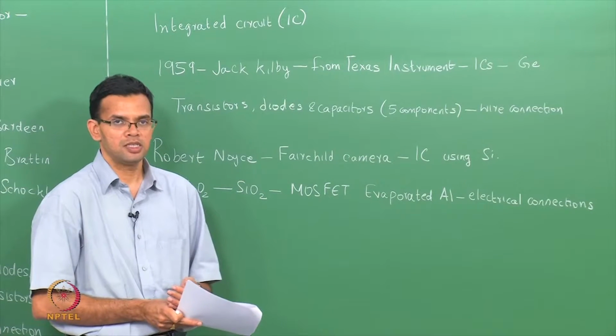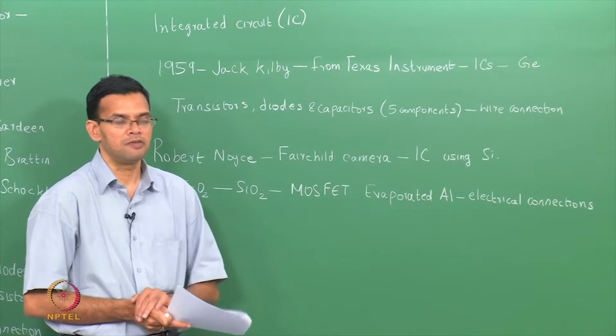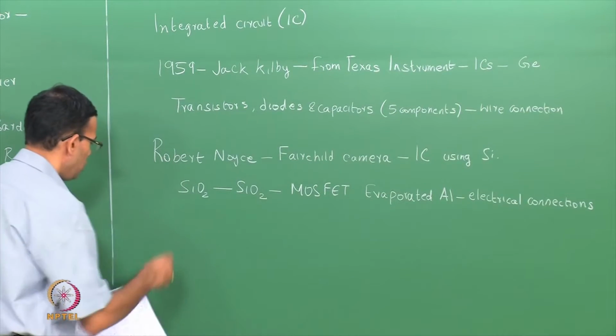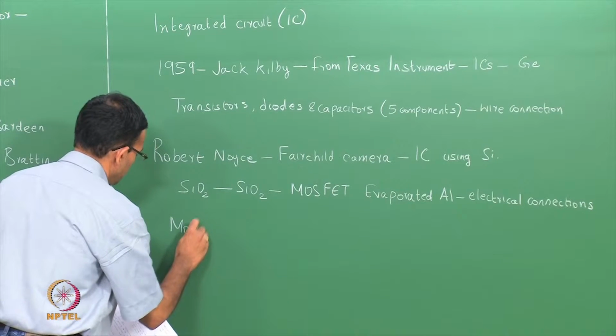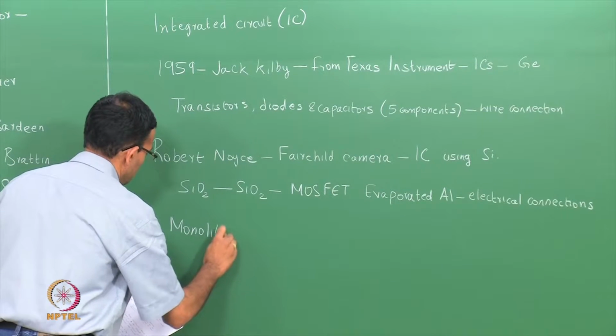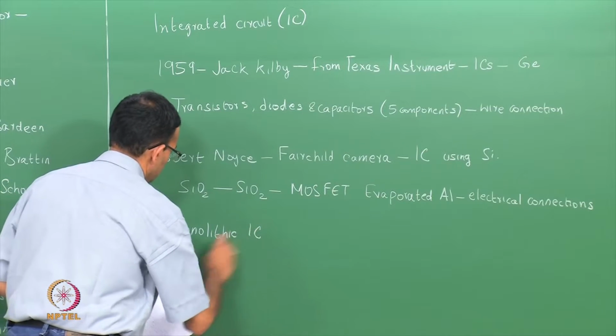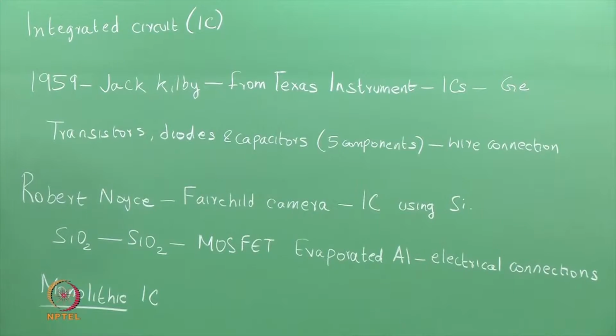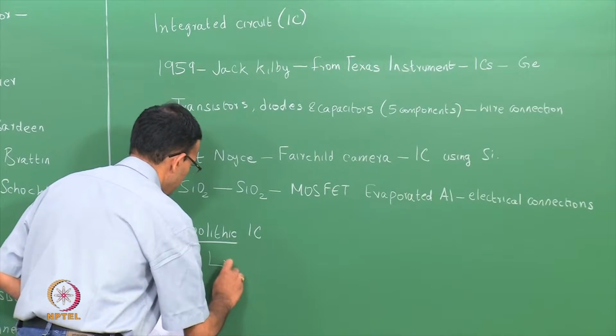All the components are made out of a single wafer. So, this kind of an integrated circuit is called a monolithic IC, and the term monolithic is because they are all made from the same wafer.